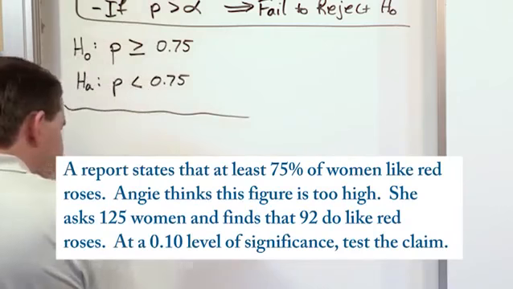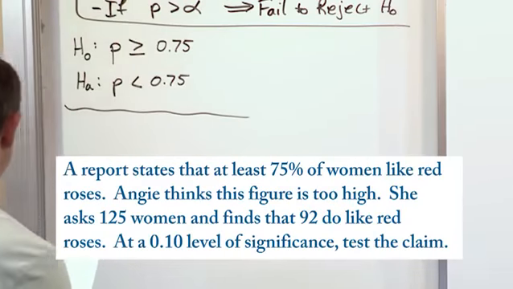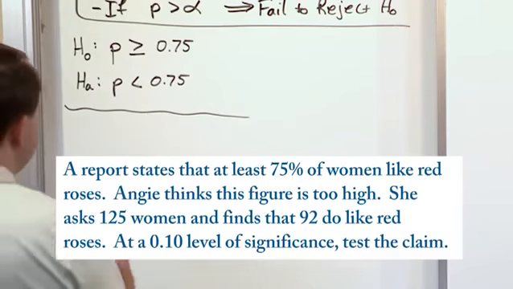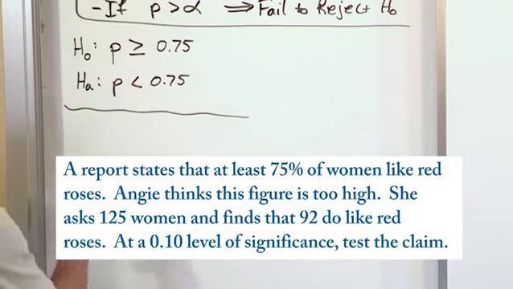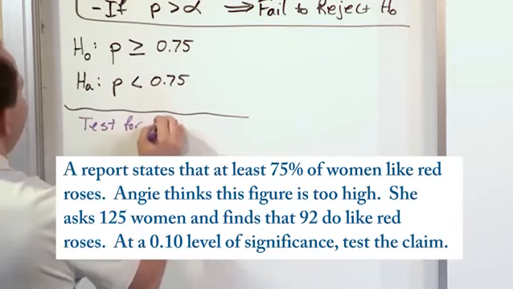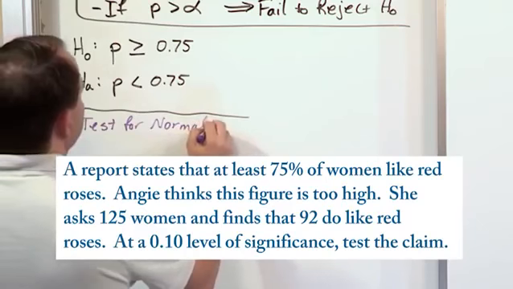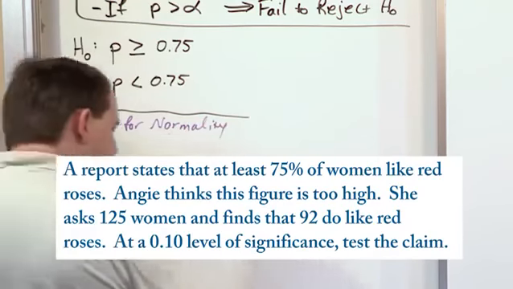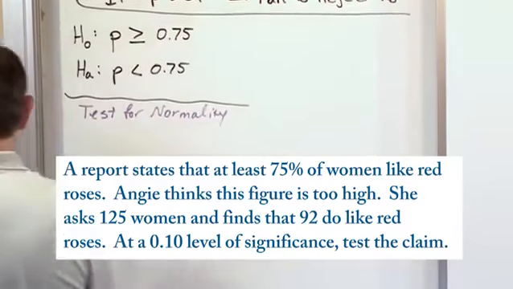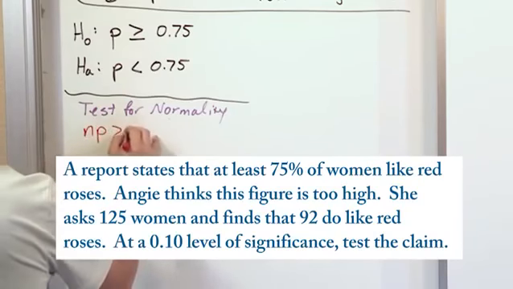Now first, before we do anything, let's verify that we're even allowed to use the normal distribution, which I told you already that you will, but let's verify it. The test for normality is n times p greater than or equal to 5.